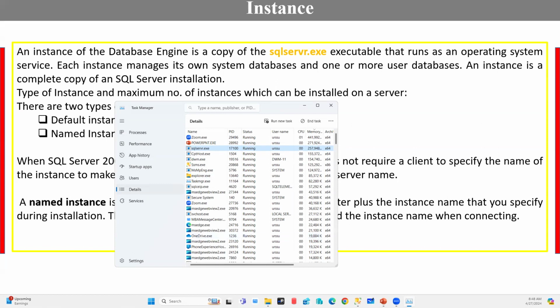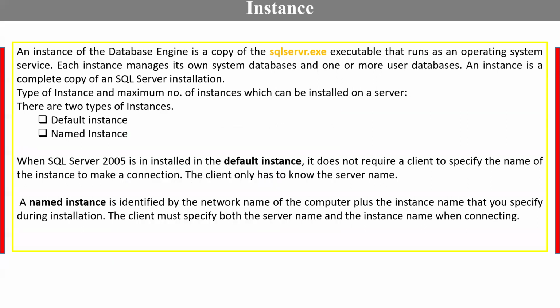How many times can I install SQL Server on this machine? That's the one thing everyone has a doubt about. For example, this is your laptop. How many times can I install SQL Server on it?